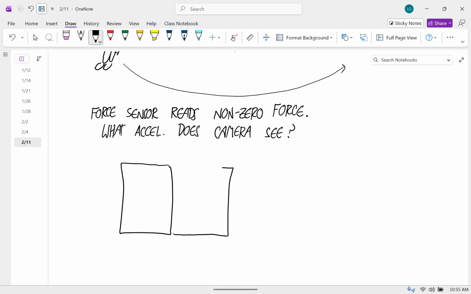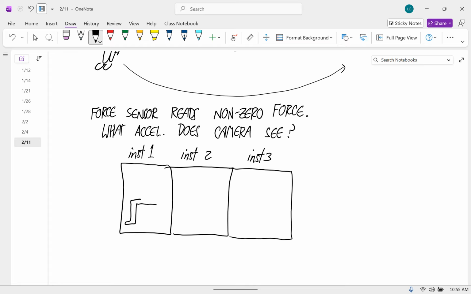I should have done this in the elevator too. Here's instant 1, here's instant 2, here's instant 3. And the camera at instant 1 is just looking straight at this unhappy person.